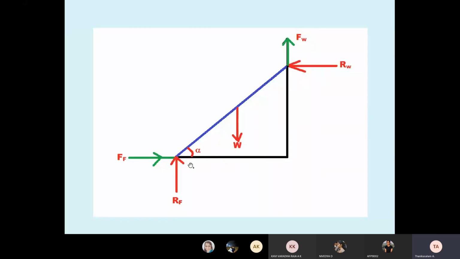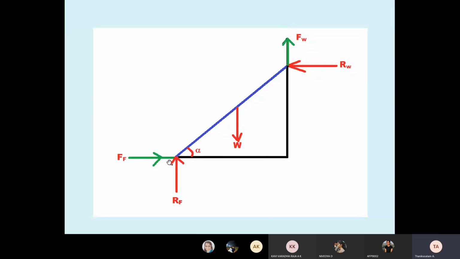So here the ladder is in contact at two places, floor and wall. The friction acts in the direction opposite to motion. At the floor, the slip may be to the left side, therefore friction is to the right side. Similarly, the ladder may slip vertically downward along the wall, so the friction is upward.